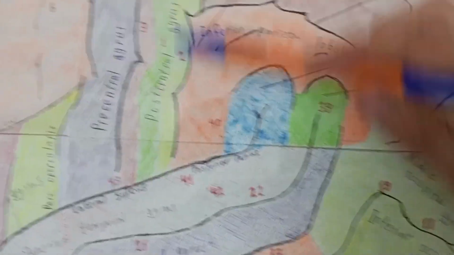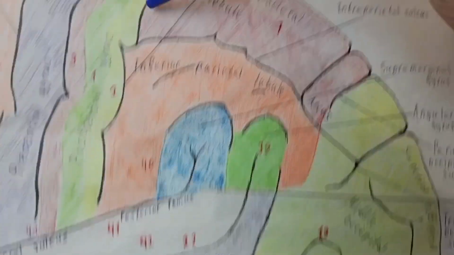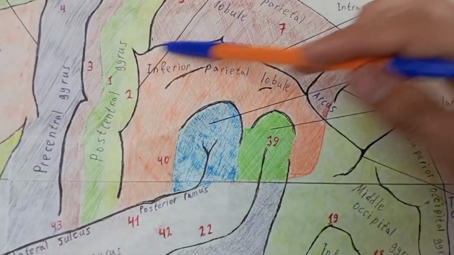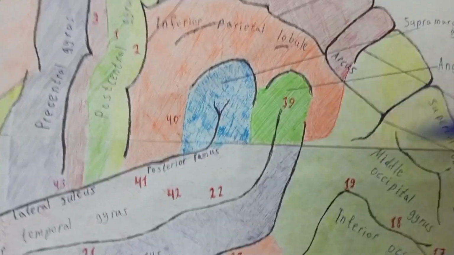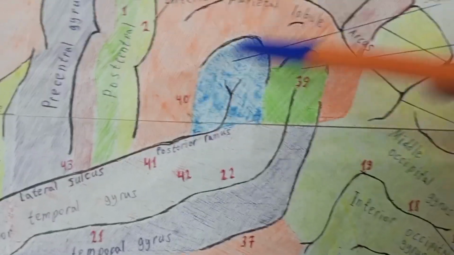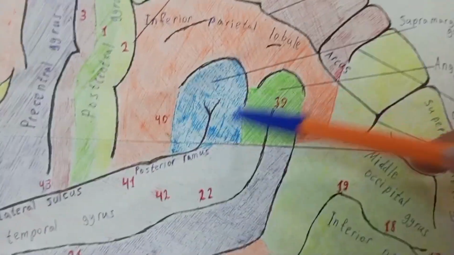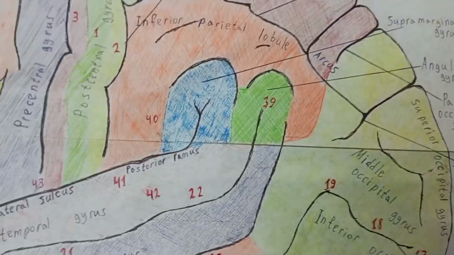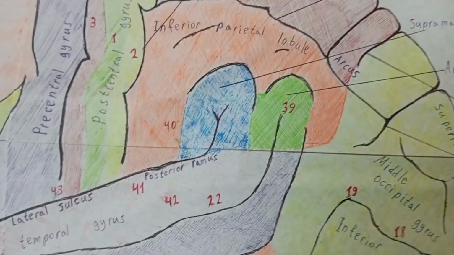Then this part, which is more caudal, is subdivided into the superior parietal lobule, 5 and 7, and the inferior one. Again, it's slightly incorrect because these two regions, the angular region 39 and the supramarginal region 40, are supposed to be slightly bigger. They are supposed to occupy this whole region, but this is just for the sake of schematic.